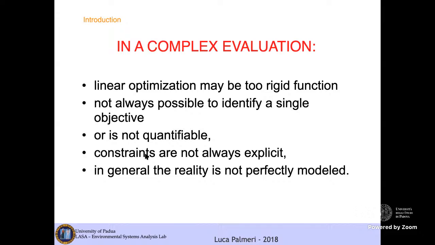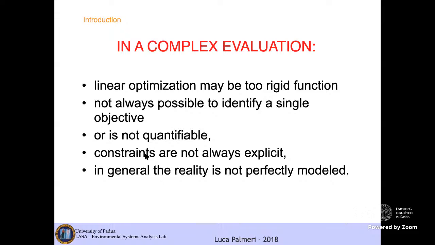So in general, we may say that in a complex evaluation problem, linear optimization may be too rigid. It is not always possible to identify a single objective, as in the example that we just gave, or the objective is not quantifiable. For example, in the case of travel from city A to city B, one of the criteria was comfort, and comfort is difficult to express numerically.